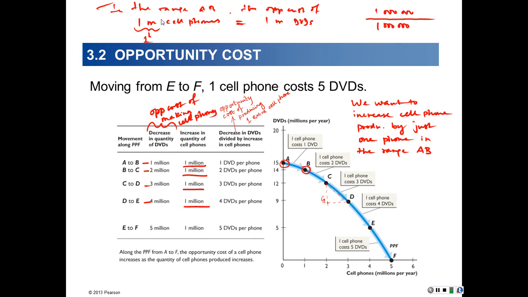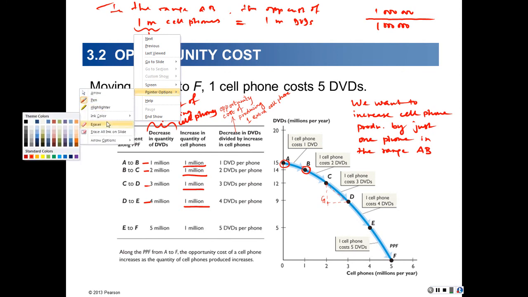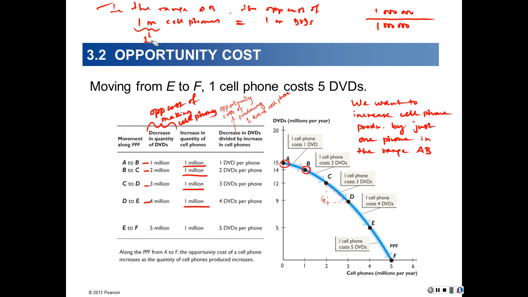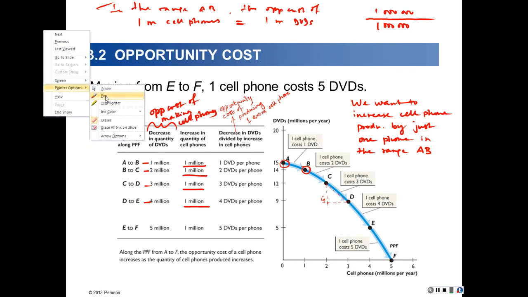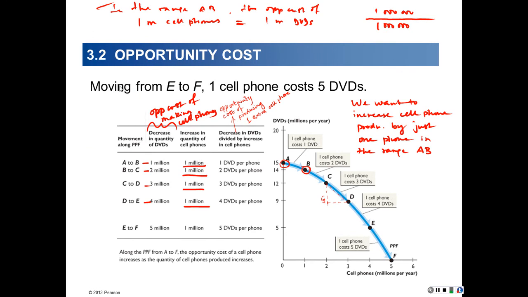Let me erase something here, if you don't mind. So in order to convert that 1 million into a single DVD, what are we going to do? Divide by 1 million. And we'd have to divide this by 1 million also. So what does that give us?